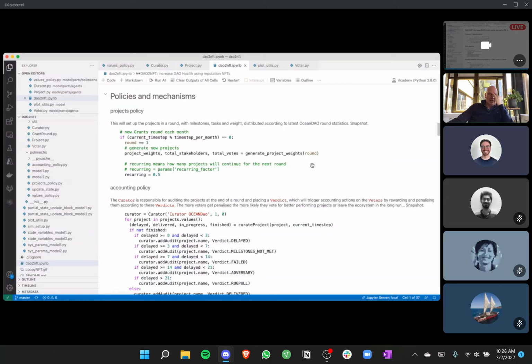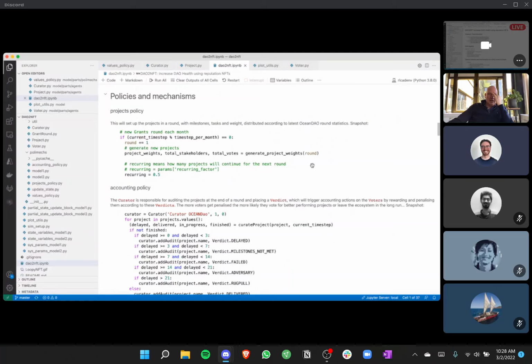Here we also have an accounting policy. I already mentioned the curator, which could be not a person or a stakeholder, but could be automated as well. A couple of years ago, we had the notion of TCRs, token curated registries, which challenge projects to see if they are really doing what they say they are doing. So this curator function could be automated, and we simulated it as such.